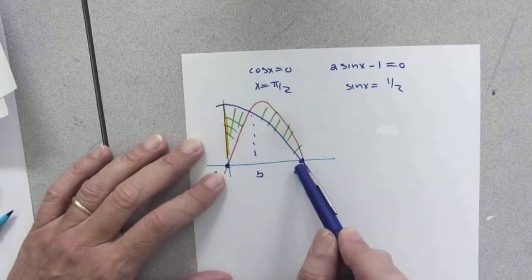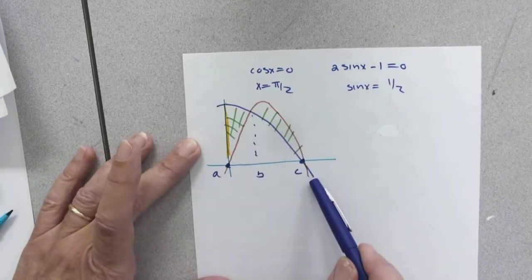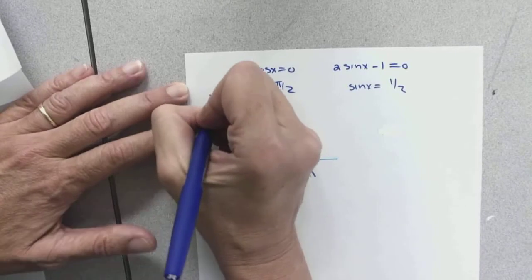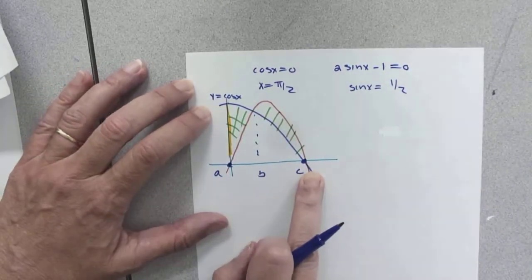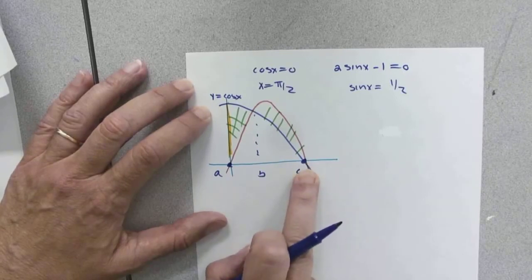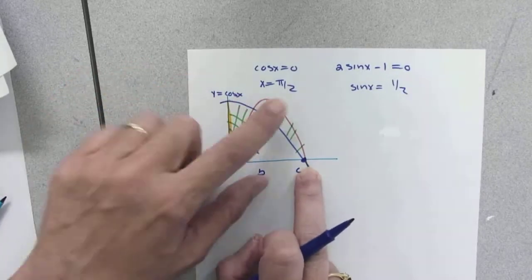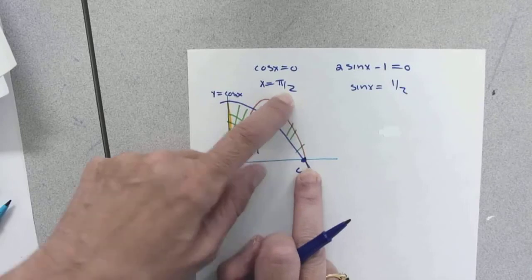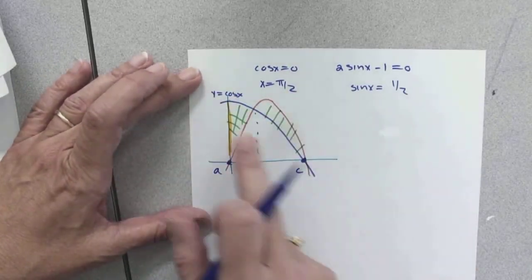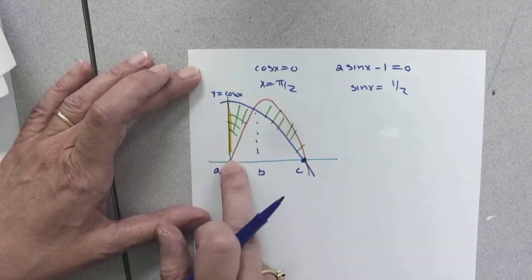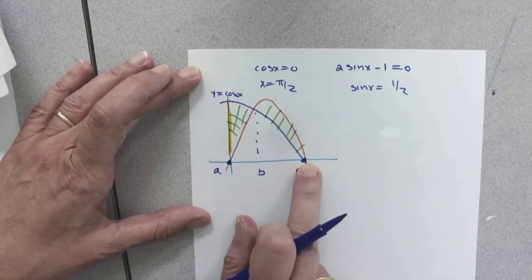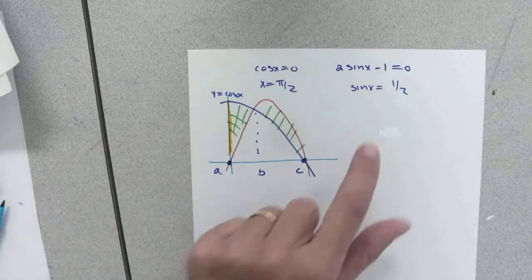Because this is the first place where the basic cosine graph, y equals cosine x in blue, equals 0. This graph isn't going on forever, so I start at the origin and go to here. The first place that cosine equals 0 is pi over 2.